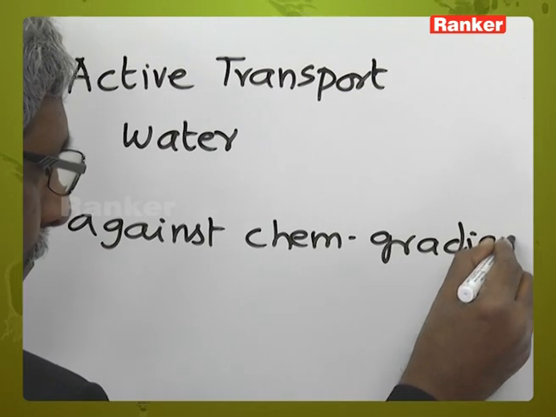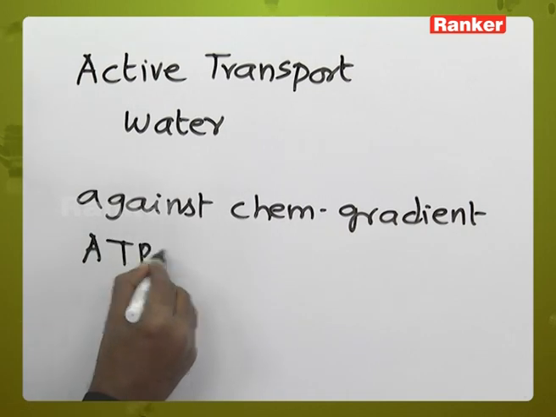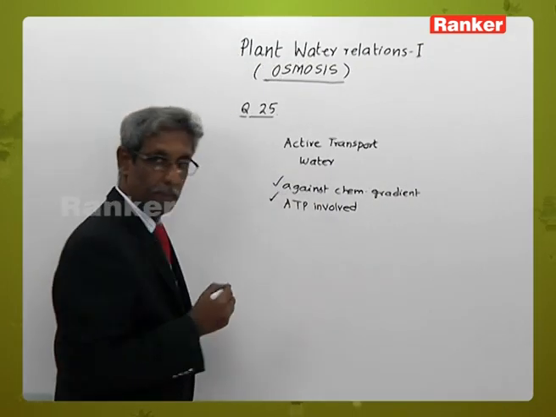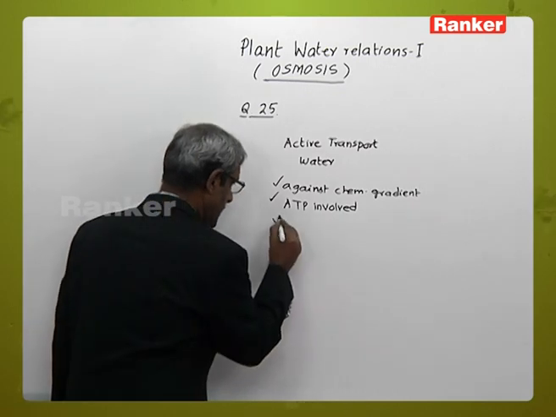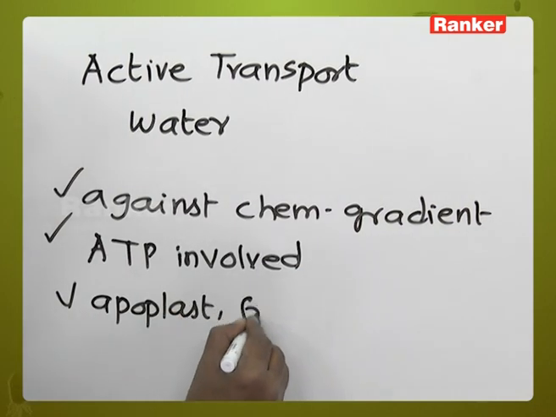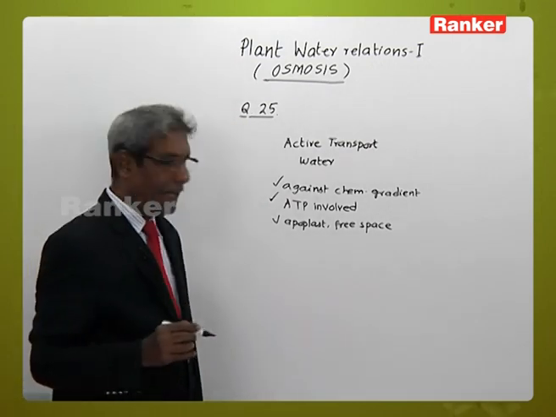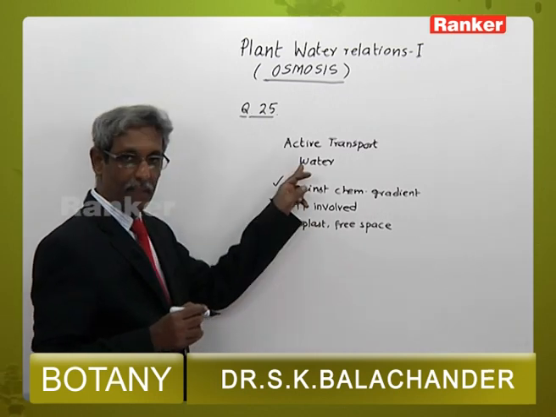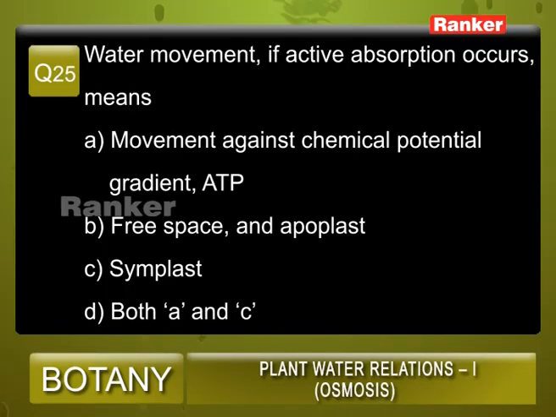Within the cell, and if it involves ATP, as well as it can occur primarily in the free space, then you call this a method wherein there is active transport, and the choice here is both A and C, hence the answer is D.